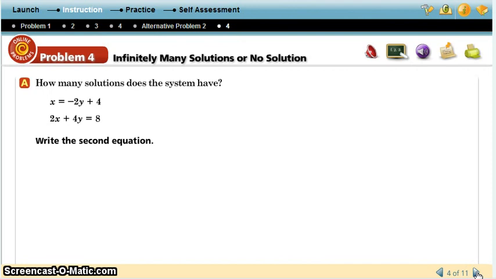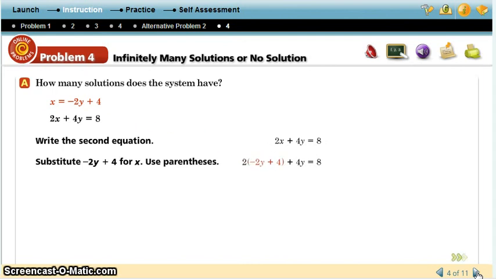Write the second equation. Substitute negative 2 times y plus 4 for x. Use parentheses. Next, use the distributive property.